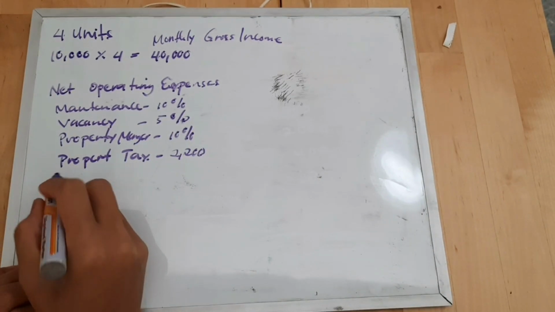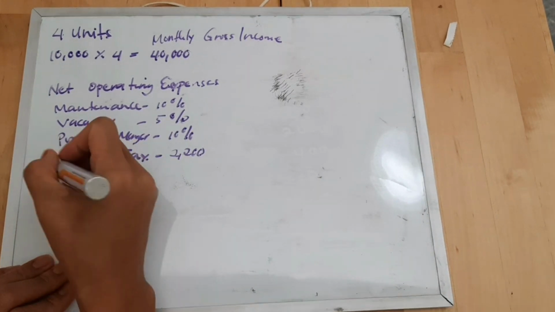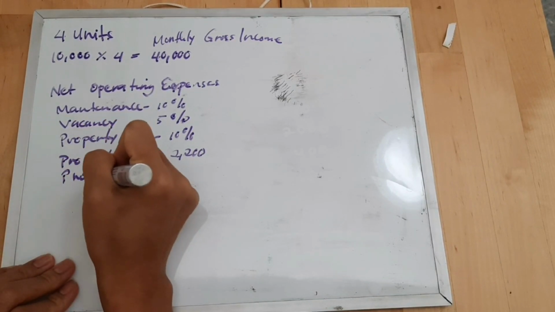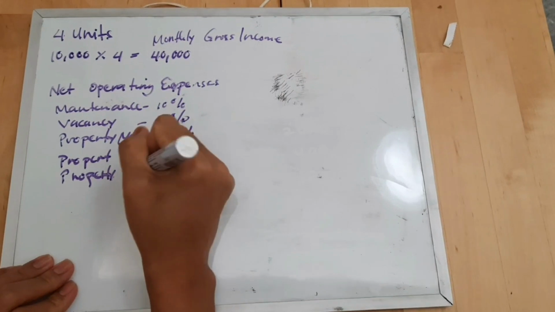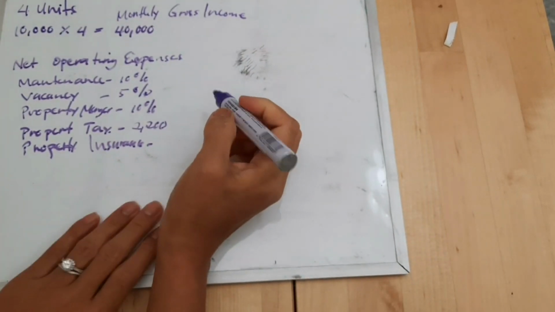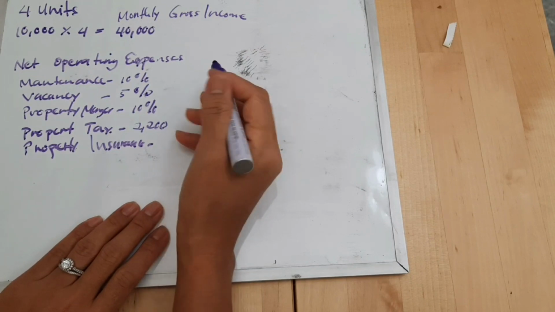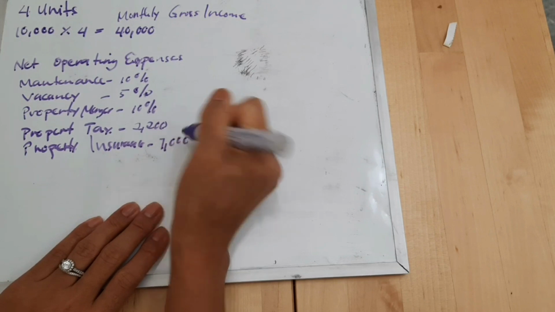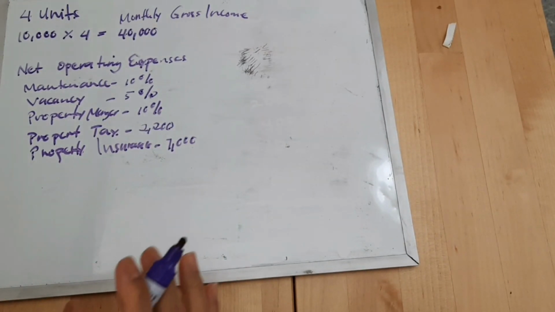The other expense that you should include, and it's a must to have, is property insurance. Let's say your property insurance is 7,000 yearly. So I think that's it, right?